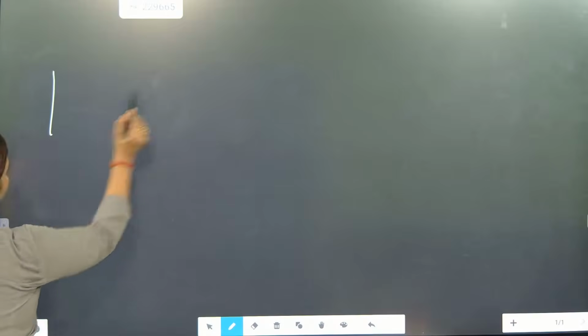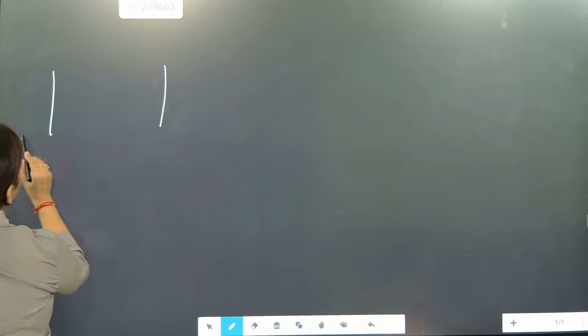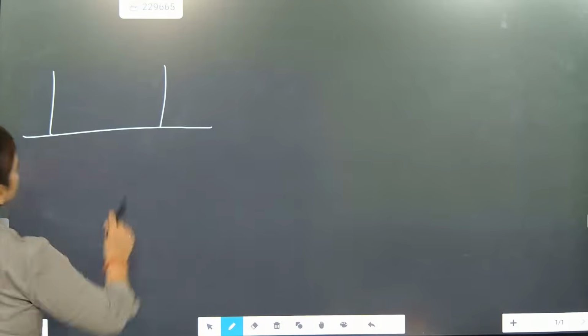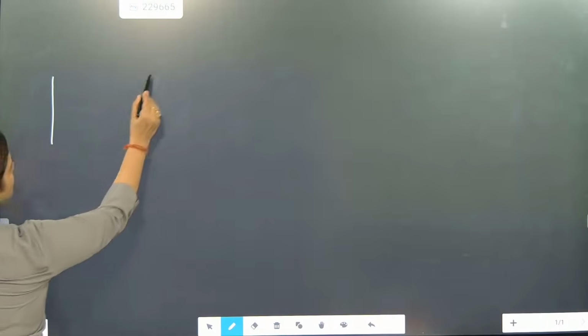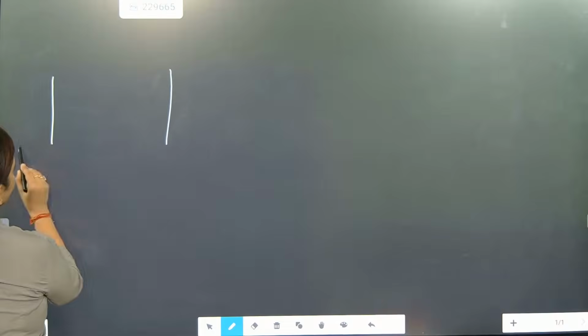Okay, what is the question? It's related to my topic right now, then I can answer. Two pillars of equal height. Two pillars are there. 100% the pillars will be standing like this. Two pillars of equal height. Two pillars are there. Height is equal.